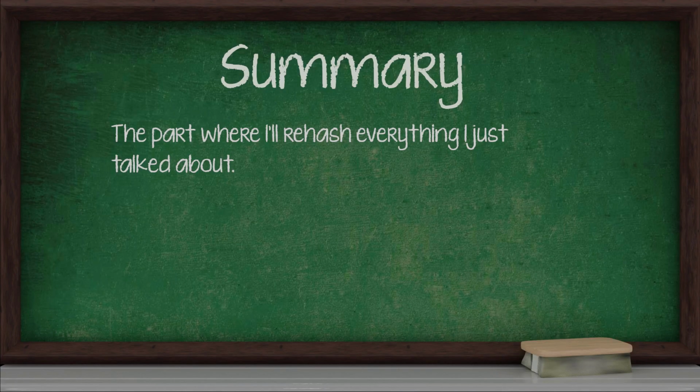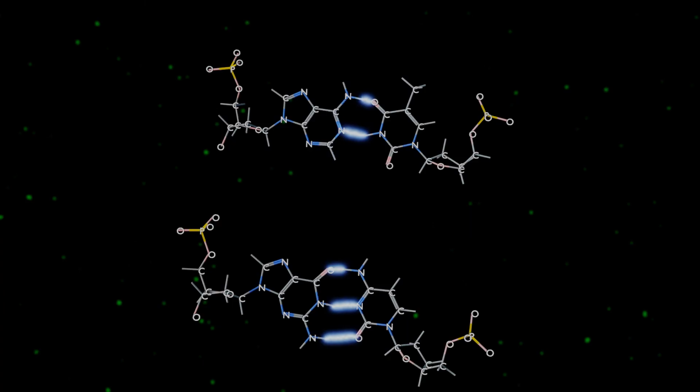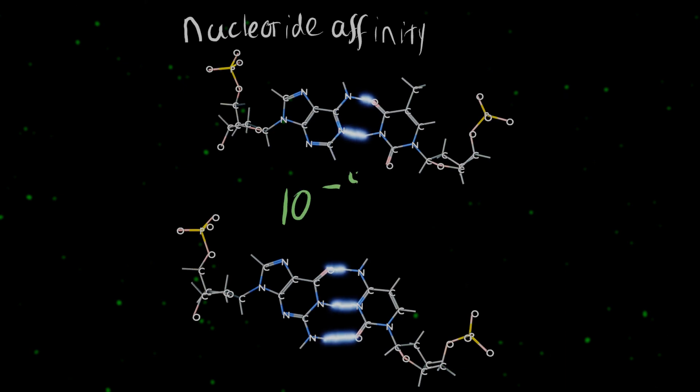Onto the summary. During and after DNA replication, there are 3 systems to make the process as accurate as possible. First, inherent affinity between bases. Due to hydrogen bonds and relative base sizes, bases need to be paired with their correct counterpart to fit onto DNA. This has an error rate of 1 in 10 to the power 4.